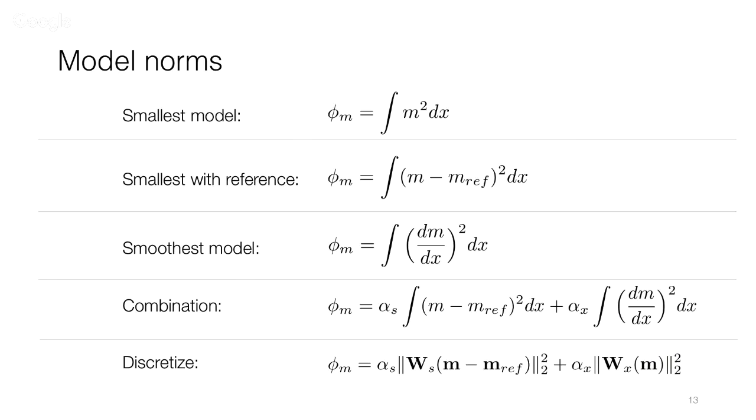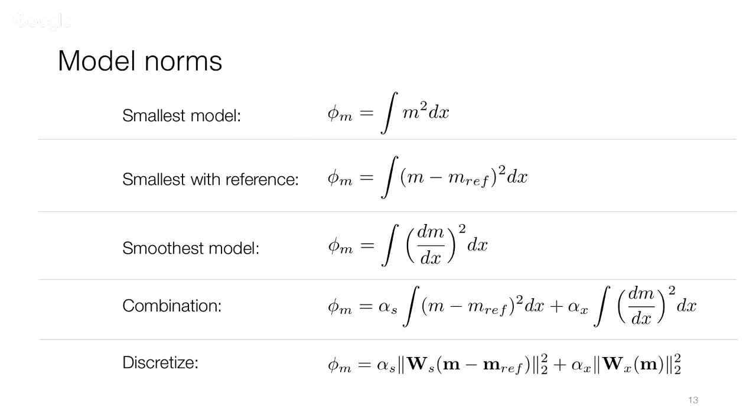In general, you're probably going to want some combination. You want something that's close to the reference model, but you don't want to make that the only criterion, because you also want things that are smooth. So the way to accommodate that is just to add these terms in, but now you've got a few hyperparameters to adjust.